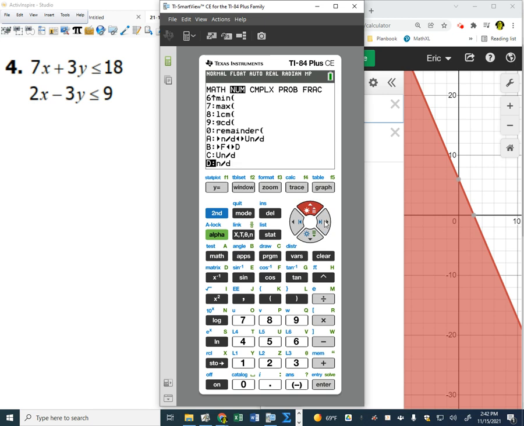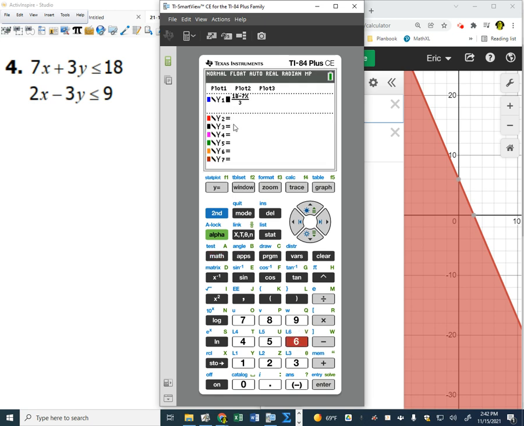Nope. Oh, I know where it is. Never mind. It's not there. It's down here. It's on the test menu. That's right. So I go second, test, and there it is. Now I want it to be less than or equal to, so I'm going to choose 6. Okay, it's not letting me do that. What is going on now? Okay, there's another way to do this one. I'll show you another way. I thought the new system would let me do that, but it won't.